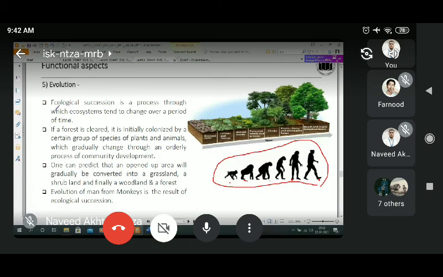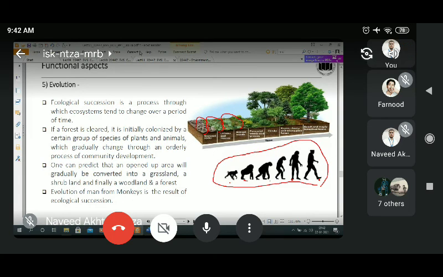Ecological succession is a process through which the ecosystem tends to change over a period of time. You can see the rocks are there, then small plants, then annual weeds, etc. Then the trees come into the picture.